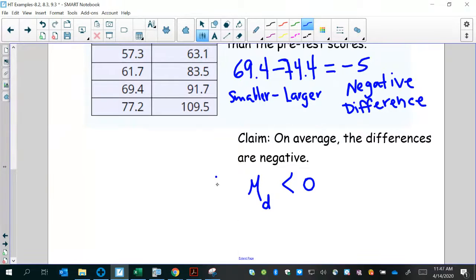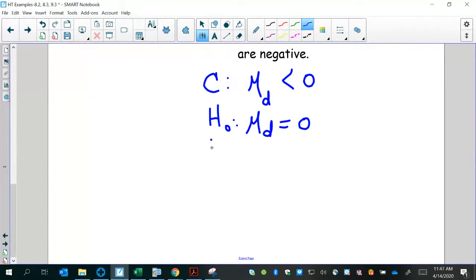That would mean that our null hypothesis, which always uses the equal symbol, does not contain the claim, and therefore the claim is the alternative hypothesis. And that means this is a left-tailed test.